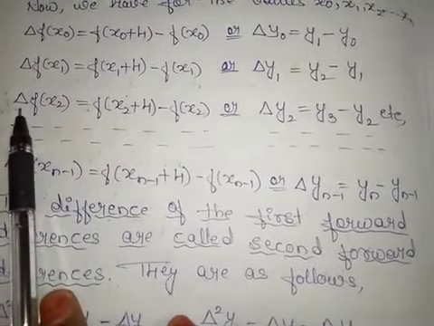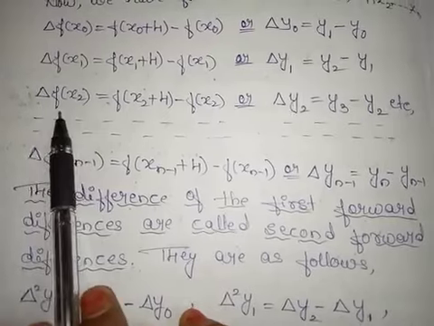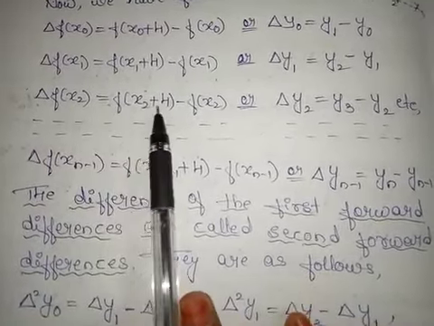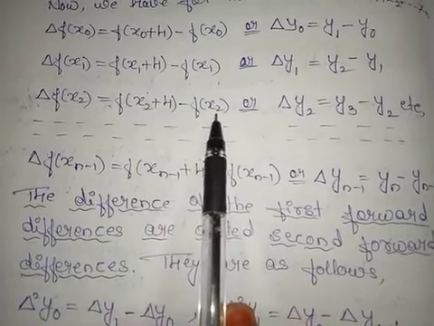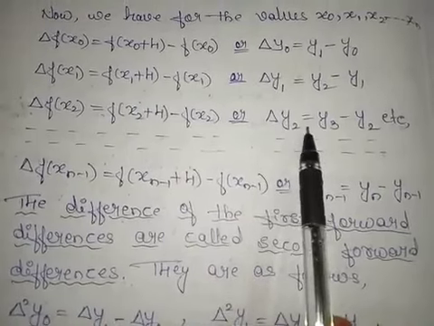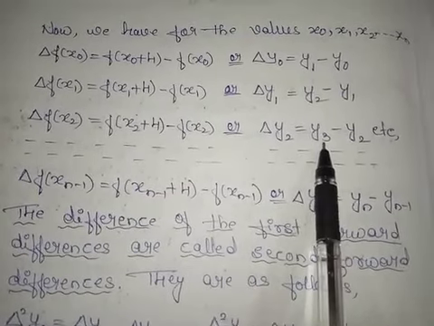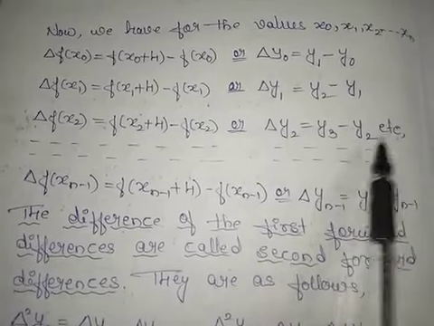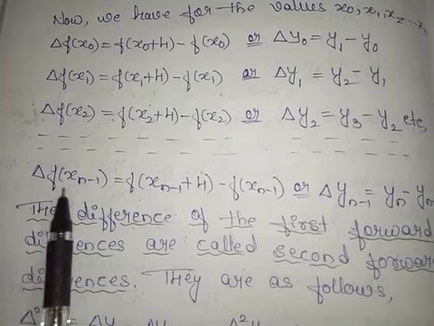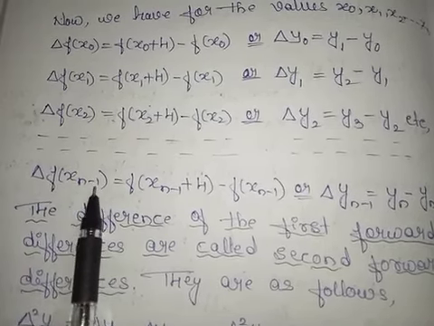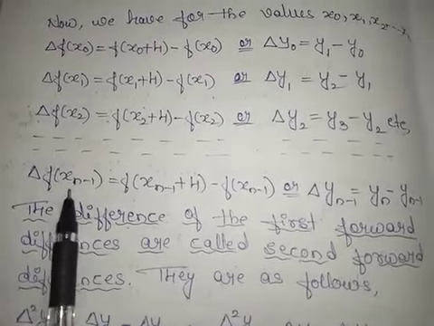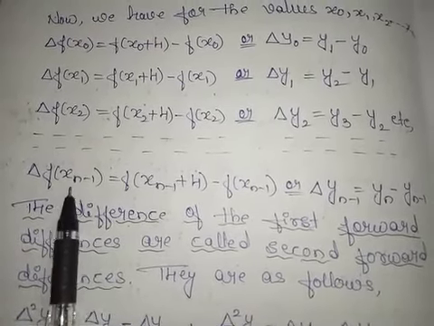And next is delta f of x2 is equal to f of x2 plus h minus f of x2, which can be written as delta y2 is equal to y3 minus y2 and so on to delta f of xn minus 1. We have to consider the point which is the preceding value of xn.